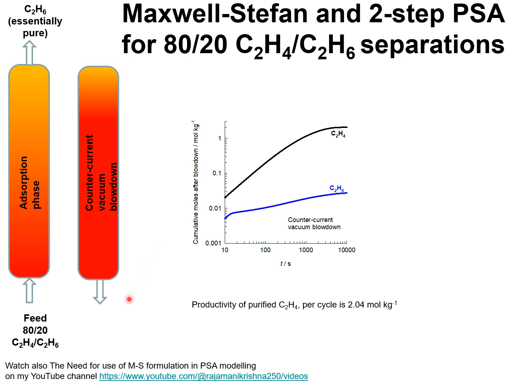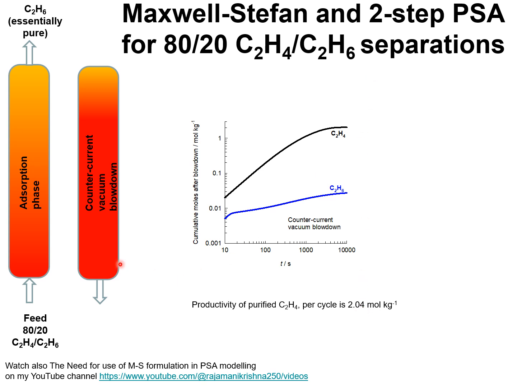The cumulative moles of products recovered after countercurrent blowdown for ethene and ethane are plotted here as a function of desorption time, and the productivity of purified ethene is 2.04.